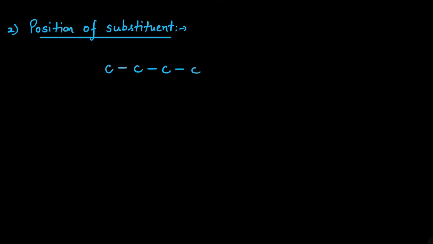So if we have different substituents, then how we write the name of the compound. Now suppose we are having this molecule and the substituent attached, that is at the second carbon.